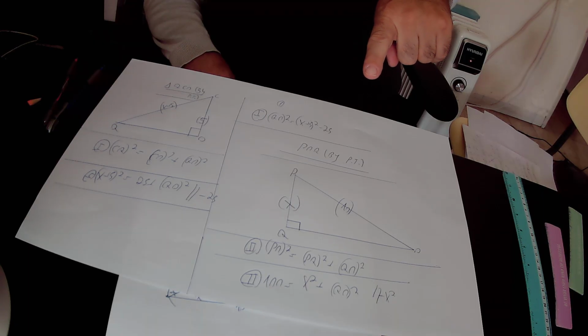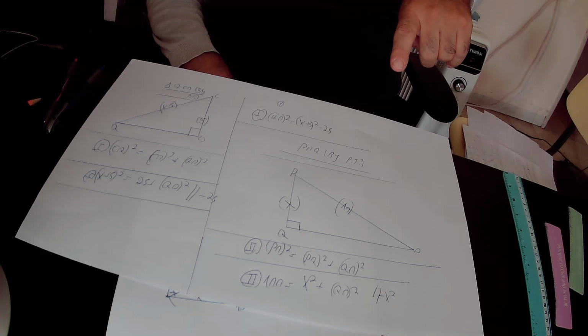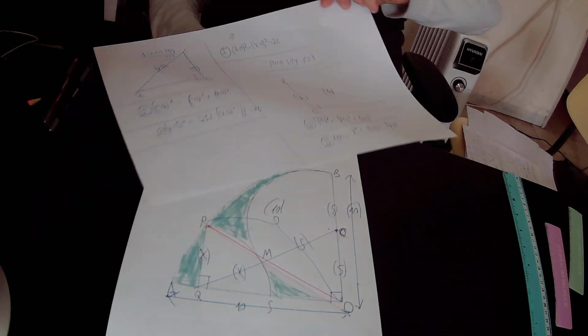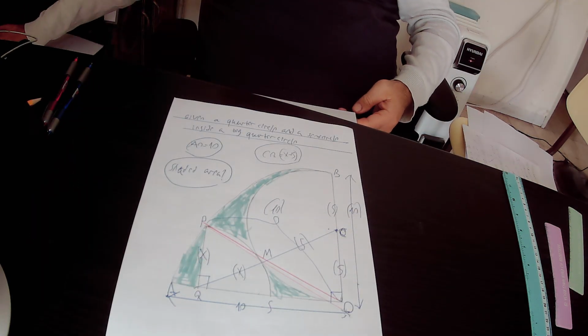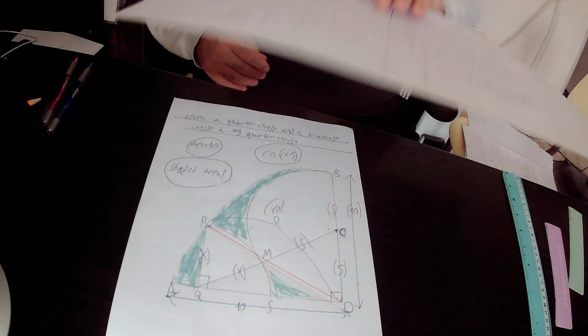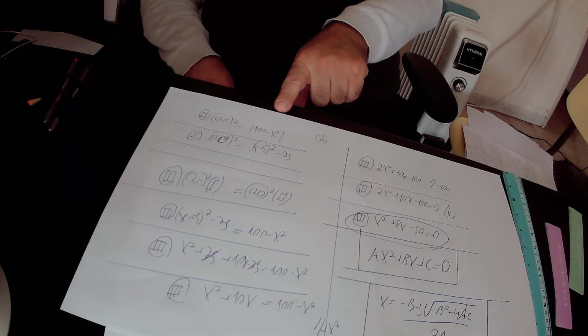PQ is x, therefore PQ squared is x squared, plus QO squared. QO is the missing side, so leave it as it is. So in total, we found out that 100 equals x squared plus QO squared. Here we subtract x squared from this equation, equation 2, and finally found out that according to equation 2, QO squared equals 100 minus x squared.